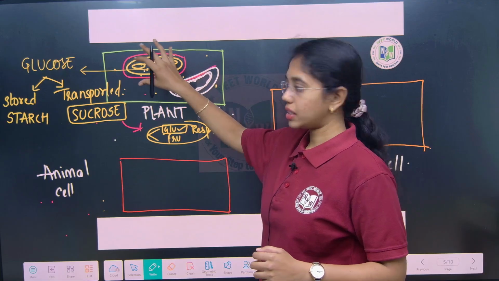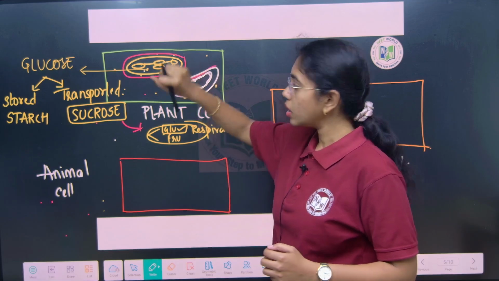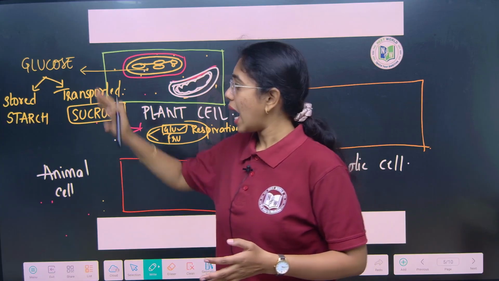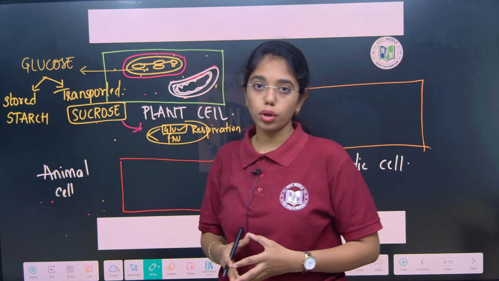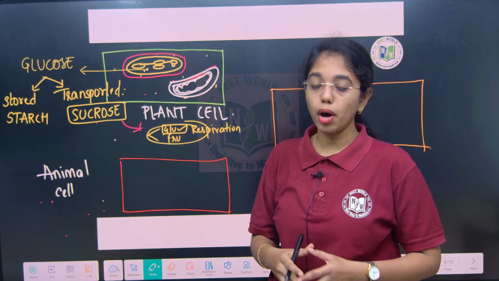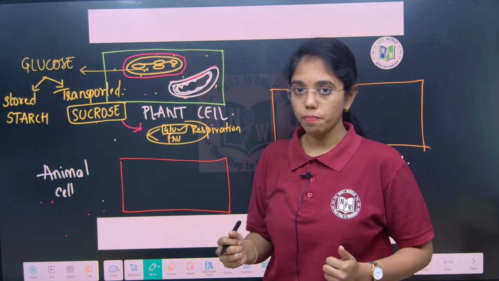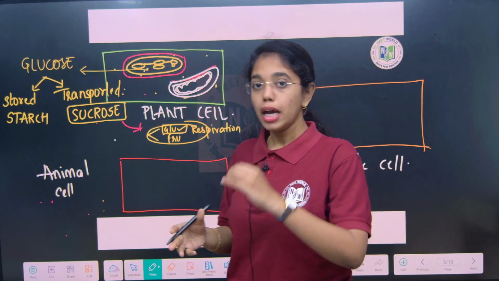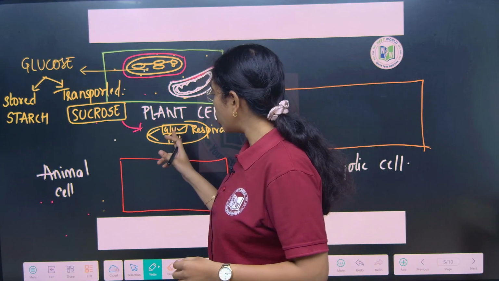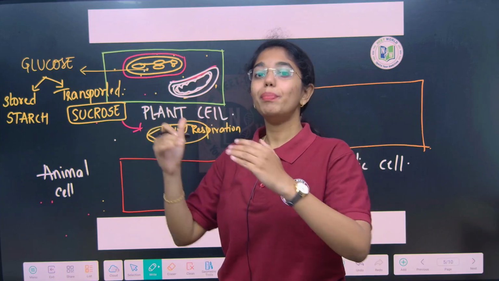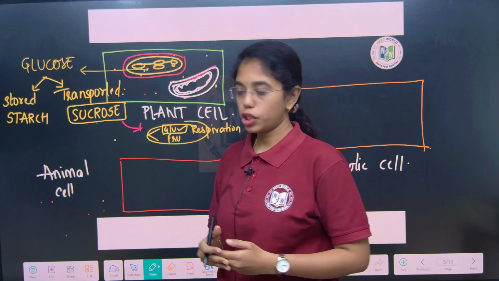Inside a chloroplast, in a mesophyll cell, glucose is formed at the end of photosynthesis, and if it has to be stored, it will be stored in the form of starch. If it has to be transported, it will be transported in the form of sucrose to any other cell. Sucrose, after landing in any other cell, will be broken into glucose and fructose. Glucose will begin the process of respiration.